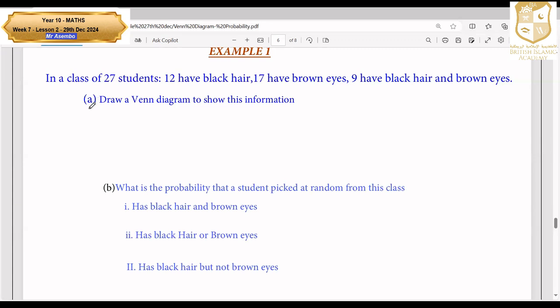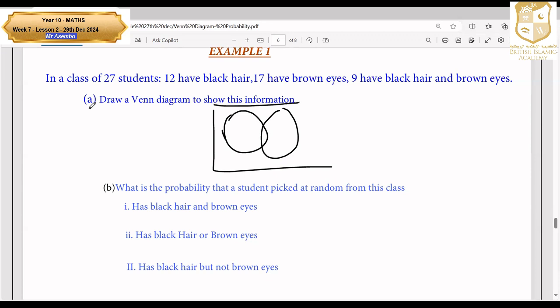Now, let's start with part A. Part A says, draw a Venn diagram to show this information. We have 2 sets. So I draw this as the first set, and this as the second set, and I enclose it in this one here. Now let's choose the letters we are going to use.